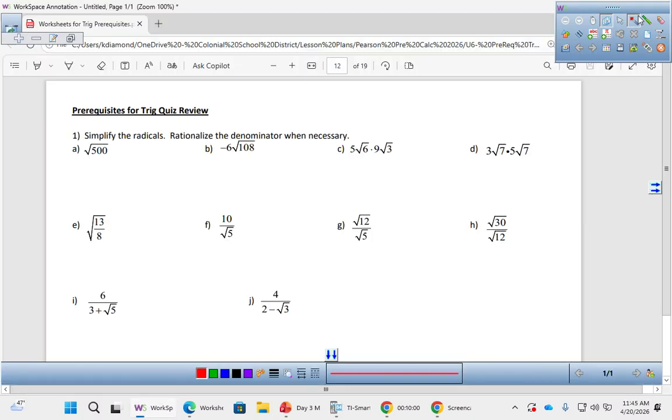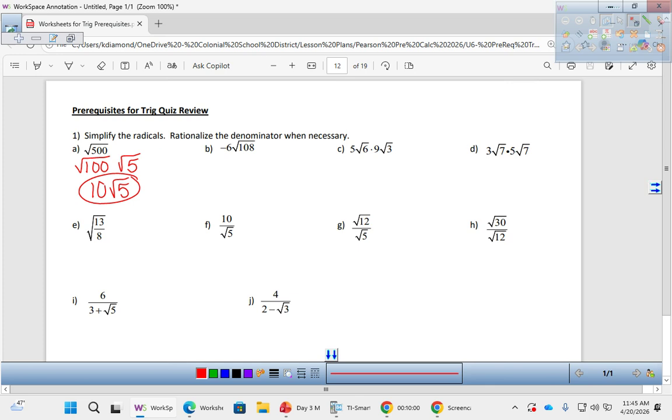As I go down this list, I see 500, 250, 125, 100 is the first perfect square I hit, and next to the 100 is a 5. So I am going to simplify the square root of 100 to 10 and keep the root 5 the same. So I get 10 root 5.